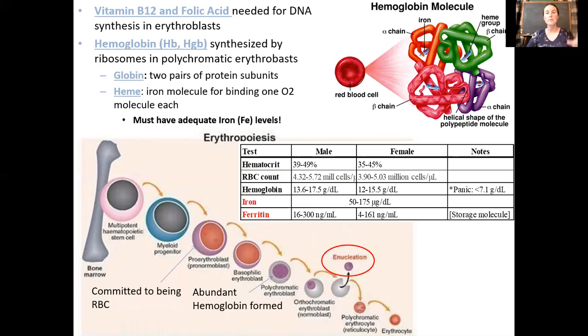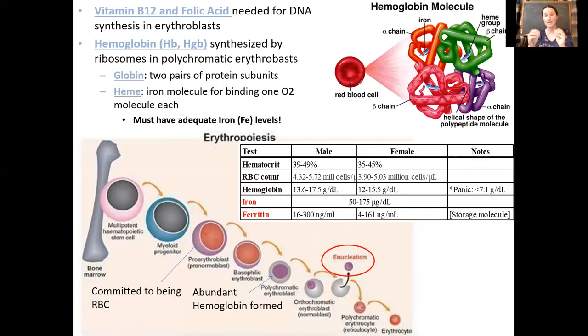And so hemoglobin is created as long as we have enough vitamin B12, enough iron, and enough, of course, amino acids to make the proteins. So that is what's happening here in the polychromatic erythroblast phase.